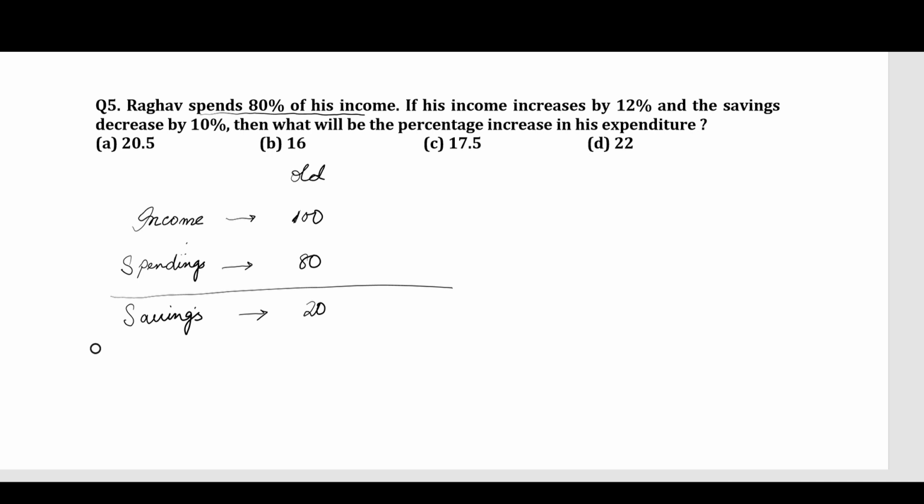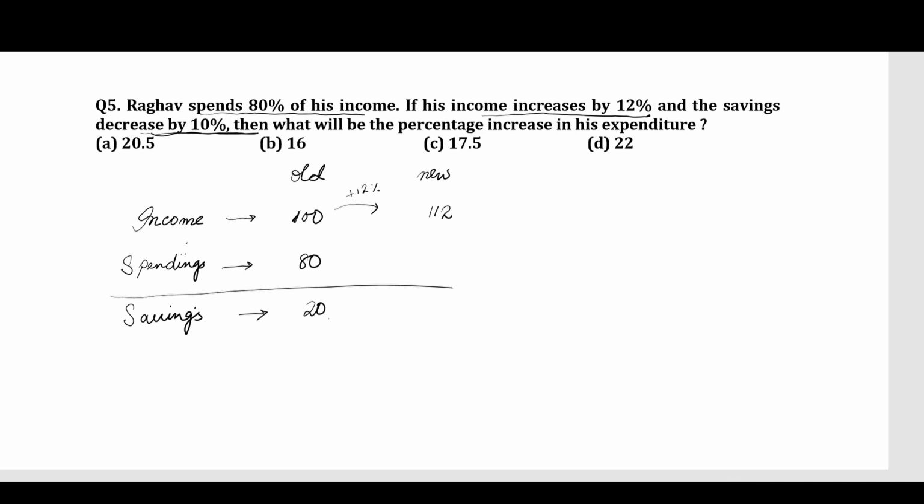Next is the new case. If his income increases by 12%, so 100 plus 12% gives 112. And the savings decreased by 10%.